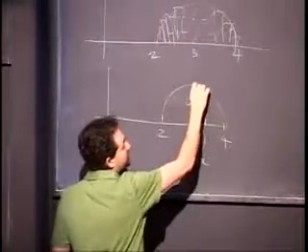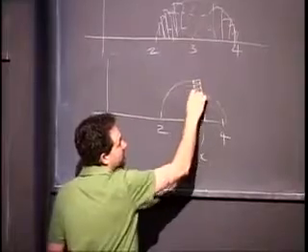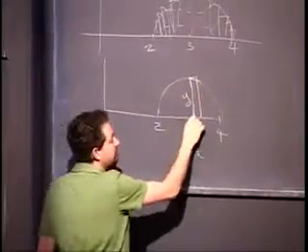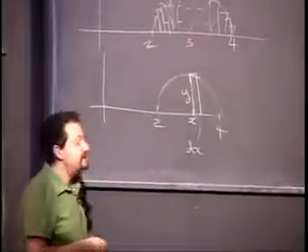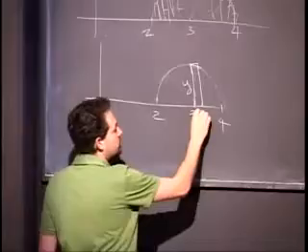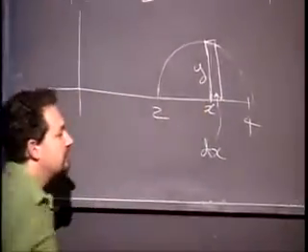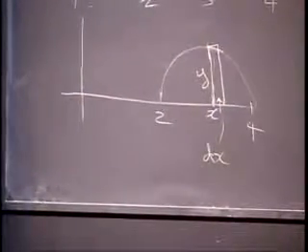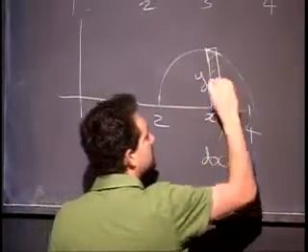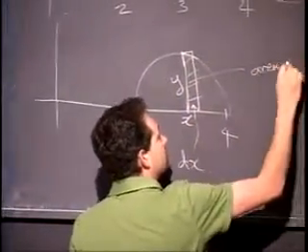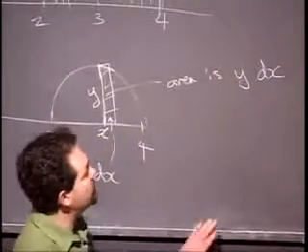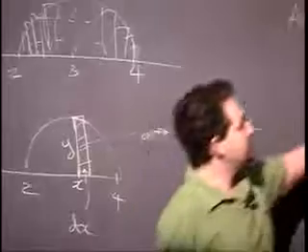In fact, if the height is given by the left-hand endpoint here, it is exactly y, but otherwise it's very close to y. And so this is a strip of width dx and height y. So its area is y dx. And that's exactly the quantity that appears here.